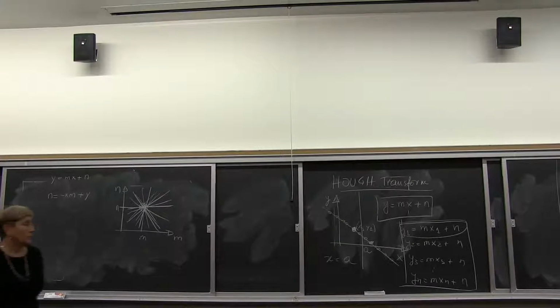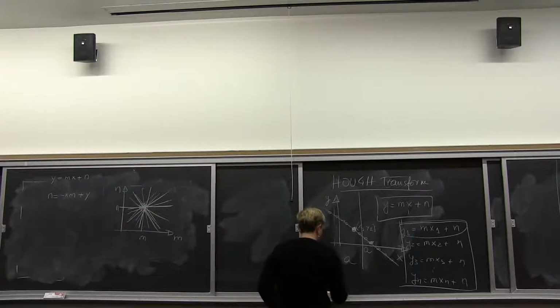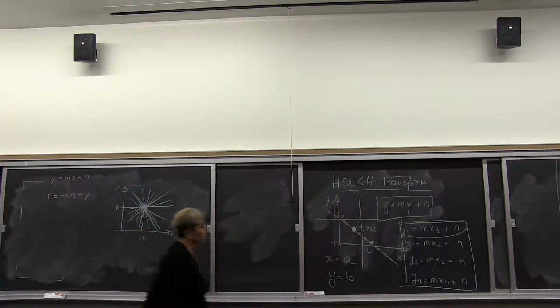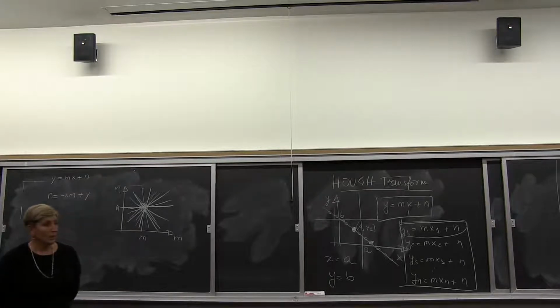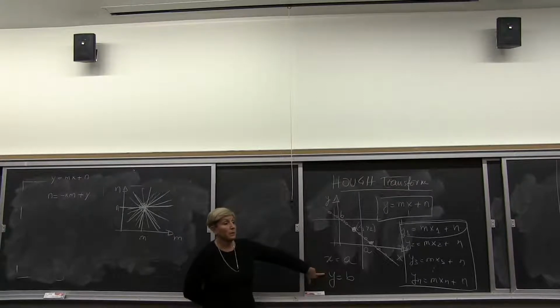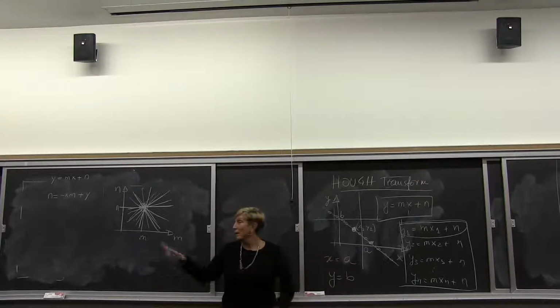Infinity, right? What happens if I have a line of this form? Is that a problem? This one is not a problem, right? Because it has a slope 0, right, and intercept b. Okay? But here, what happened with the slope? Infinity, right? So I have a hard time mapping this.